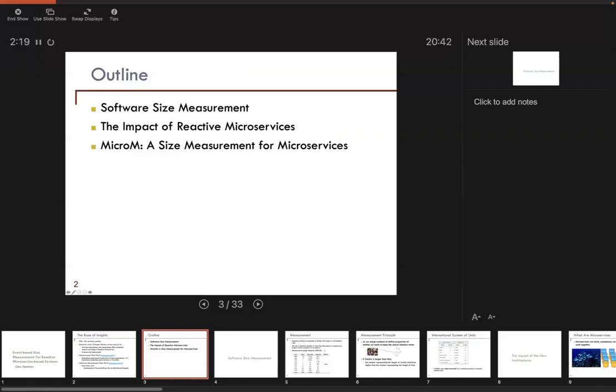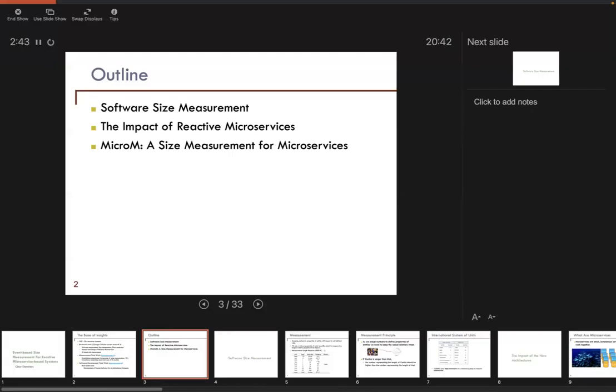So I will briefly talk about today. I think not everyone is familiar with the software size measurement topic. So I will briefly talk about software size measurement, and then I will briefly talk about what is the impact of reactive microservices on today's software development community.